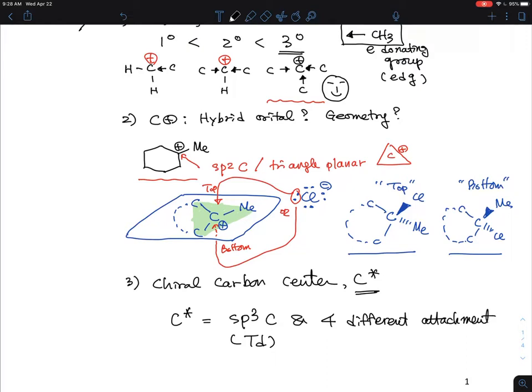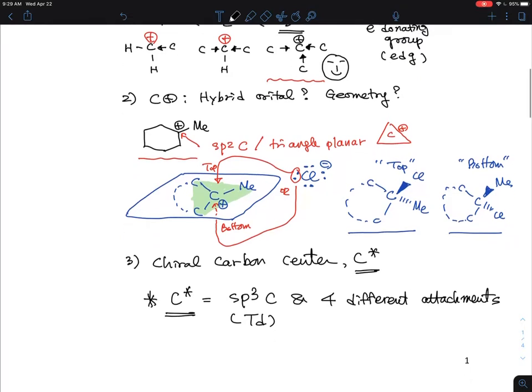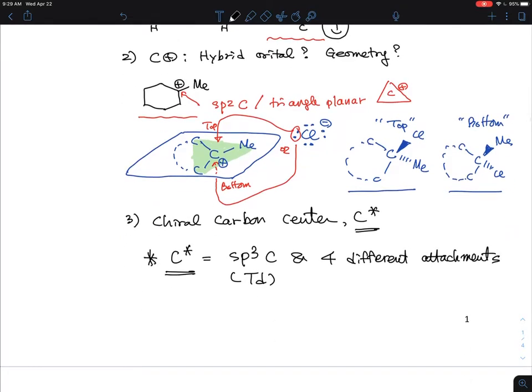In the last week, I talked about optical isomers or mirror image isomers for some compounds that are octahedral based, and this tetrahedral base is actually much more well known and, in a way, well studied and well understood. And there are four different attachments.